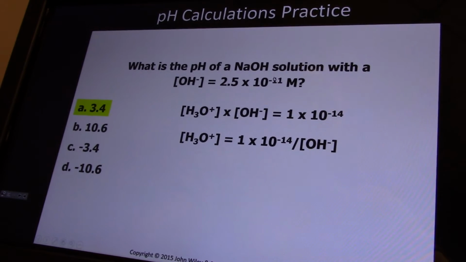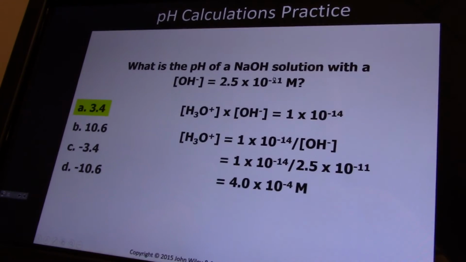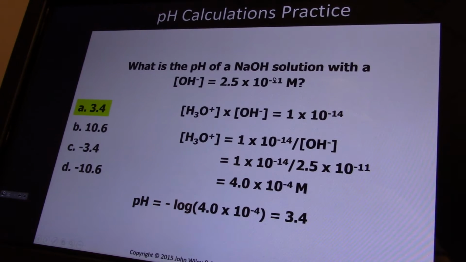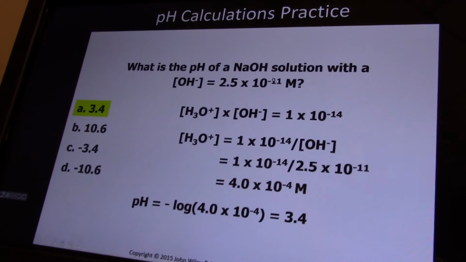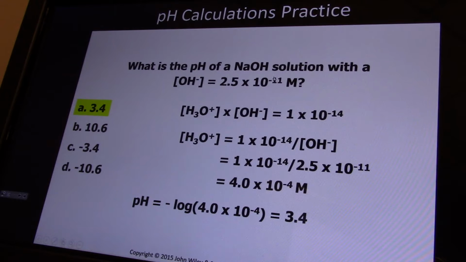We divide 1 times 10 to the negative 14 by the OH- concentration to get the H+ concentration. And now we take the negative log of that to get the pH of 3.4. If you just take the negative logarithm of the hydroxide concentration, that's the pOH, not the pH. The pH is the negative log of the hydrogen concentration.